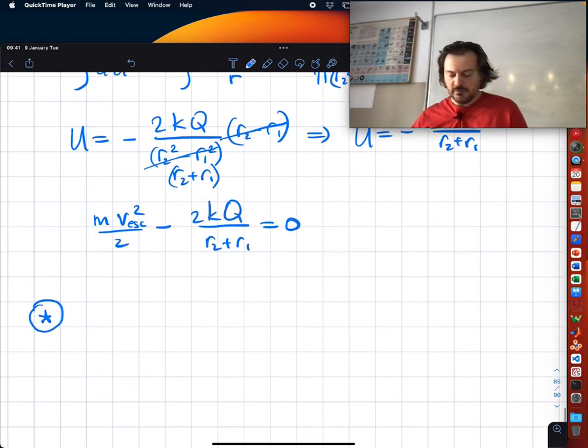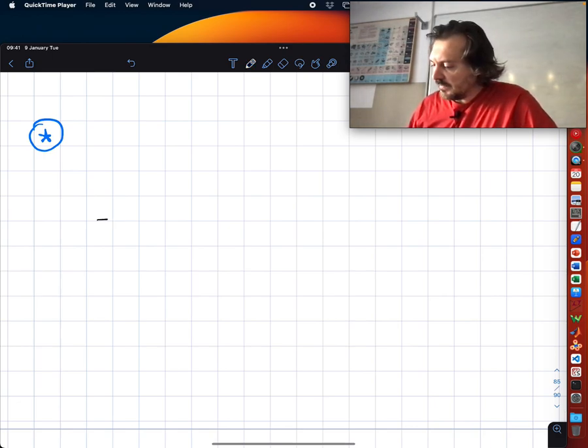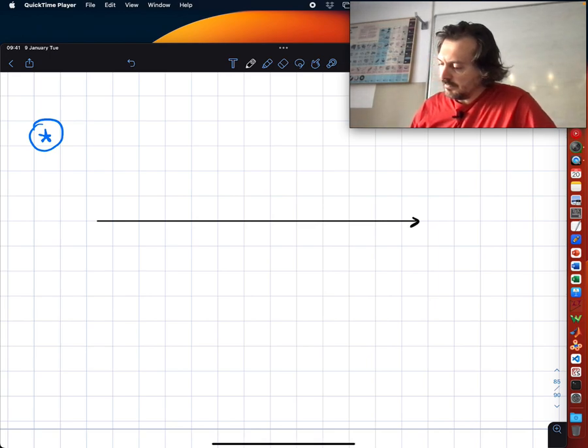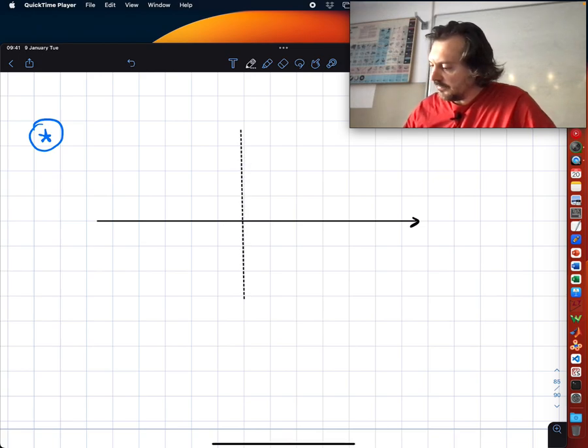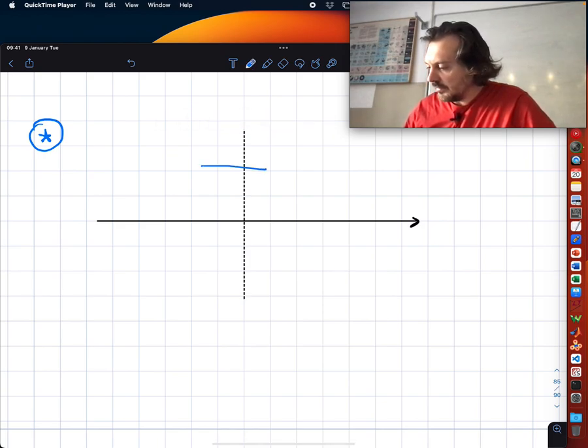Here's another question. Let me put the coordinate system first. So I have an x, this is the middle part of the x, and I have a bar here, an infinite bar.